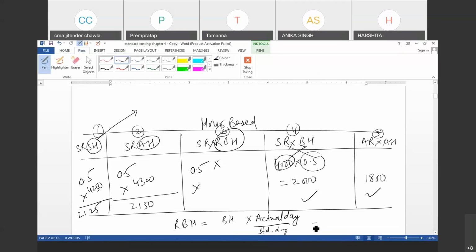What is budgeted hours? Budgeted hours given in the question 4000. Actual day 22, this one 20. So this works out to be 4400. This is 2200.